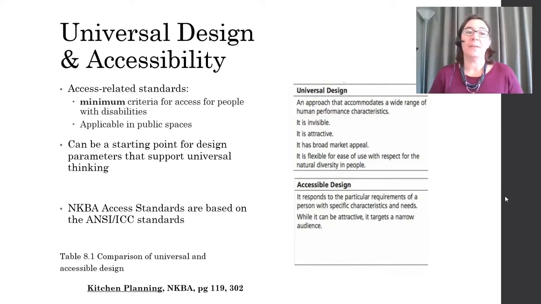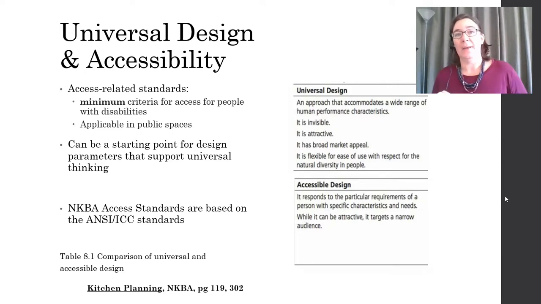The access related standards can be a starting point for design parameters that then support your universal design thinking. Right? The NKBA access standards in those guidelines are based on the ANSI or International Code Council standards, all right, which are also what the ADA is built on. All right, so they all kind of work together.